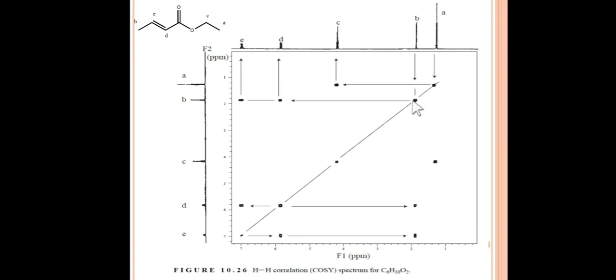Okay, understood. Now let's go for B. If we extend the line for B, then it is correlating with the spot at D and the spot at E. So B is a methyl group, and it is correlating with E and D.